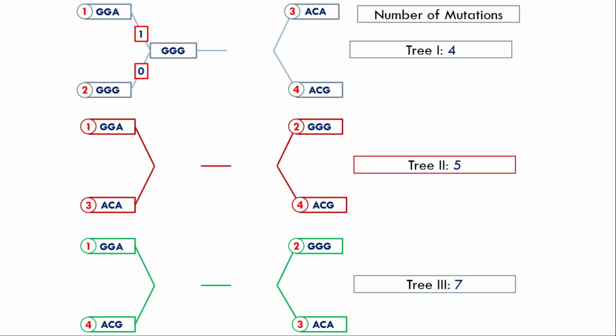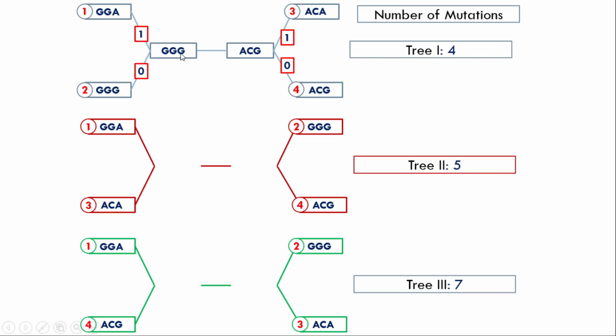The same way I can compare ACG and ACA. Here you can see between ACG and ACA there is one mutation, so there is no mutation in the ancestor and sequence number 4, but if you compare ACG with ACA, there is one mutation. Now you can count how many in total.